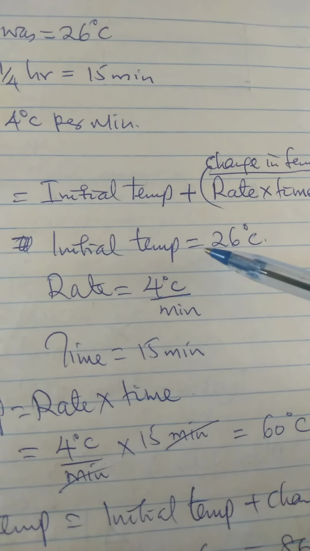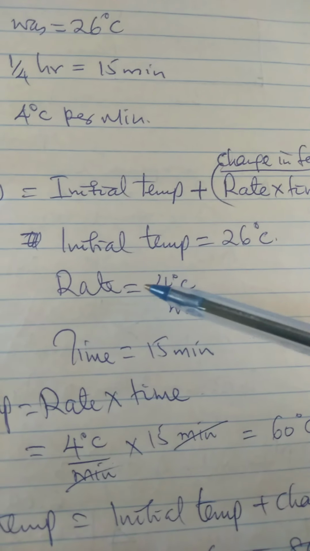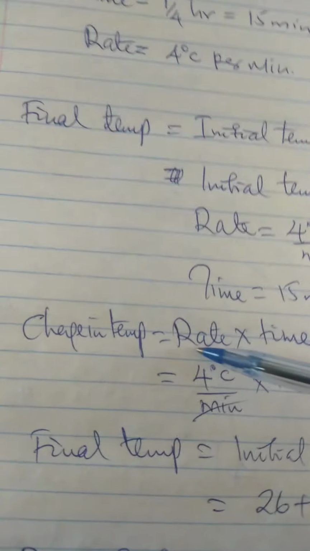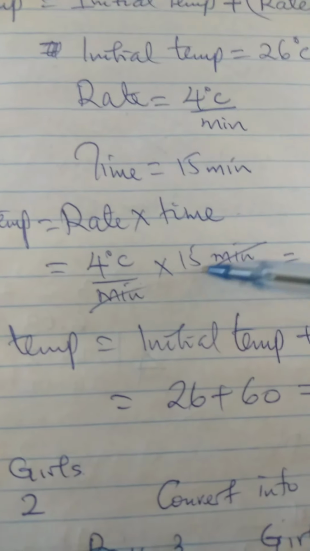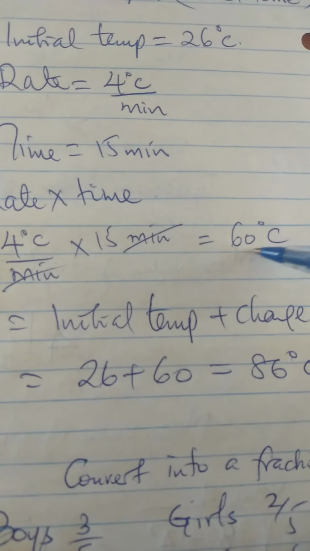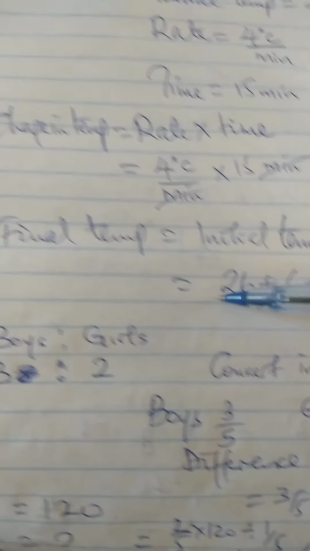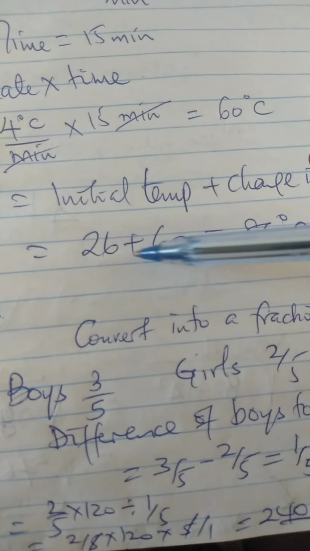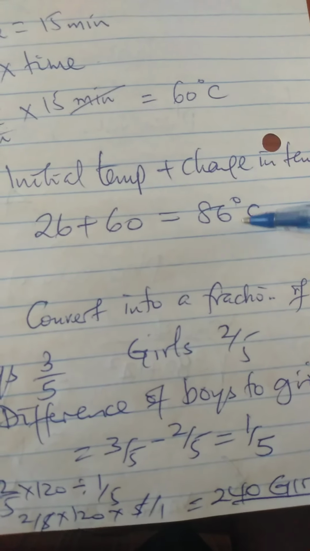So initial temperature is 26, the rate is 4 per minute, the time is 15, therefore the change in temperature is rate times time, which gives you 60 degrees. And then you add that to the initial temperature, because final temperature is initial temperature plus change, to give you a final figure of 86 degrees Celsius.